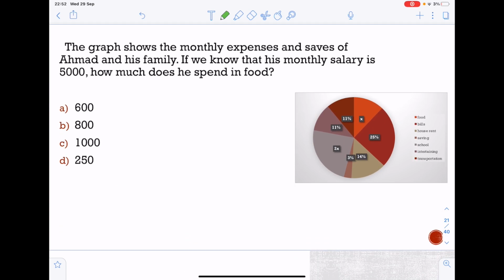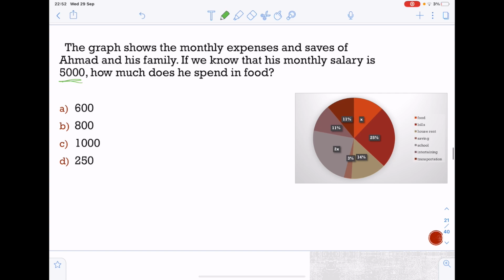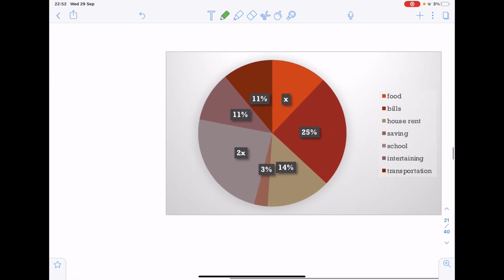Okay, we have here a graph that shows monthly expenses and savings of Ahmed and his family. If you know that his monthly salary is 5,000 riyal, how much does he spend on food? If you have a look here, they just divide the circle into the expenses of food, bills, house rent, and saving.